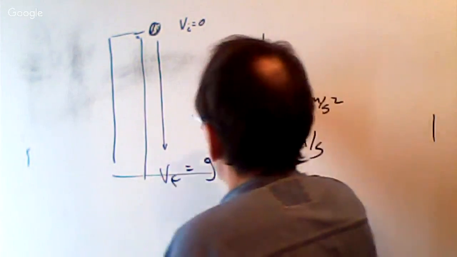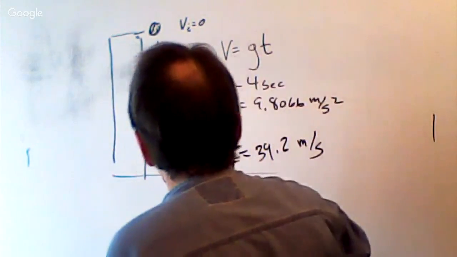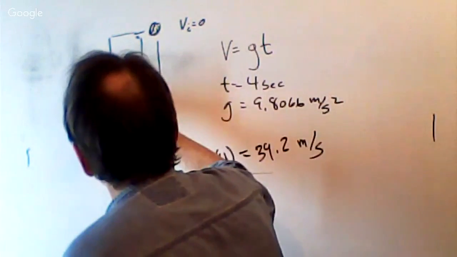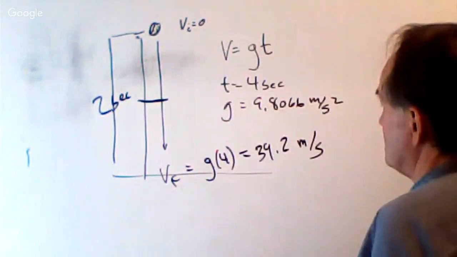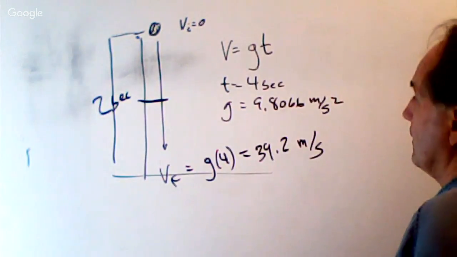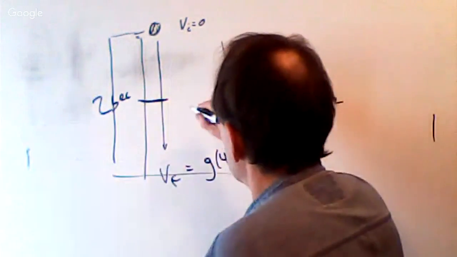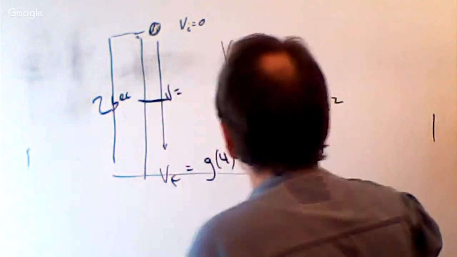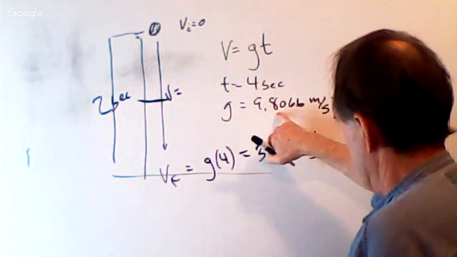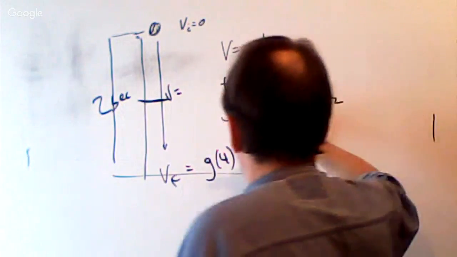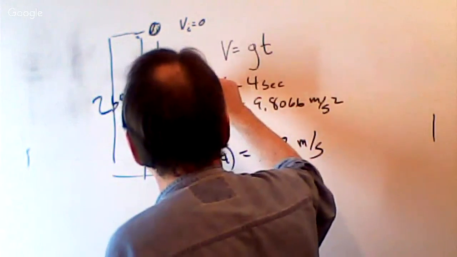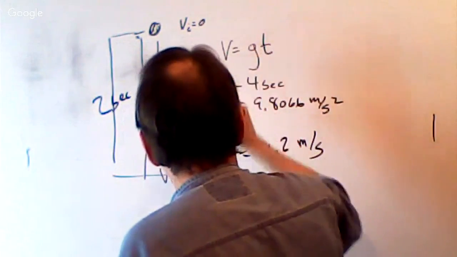Now at 2 seconds, halfway down, the velocity here is going to be just 2 times 9.8, or 19.6 meters per second.